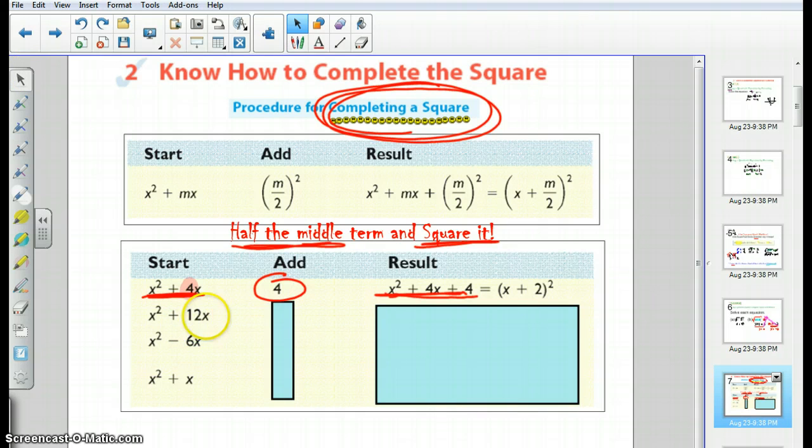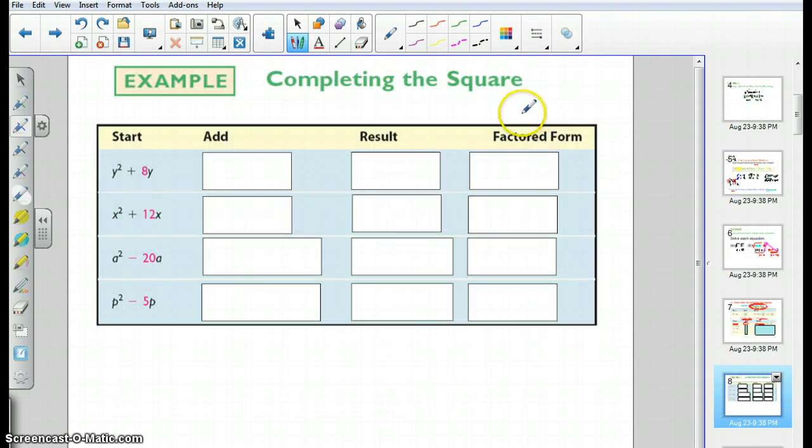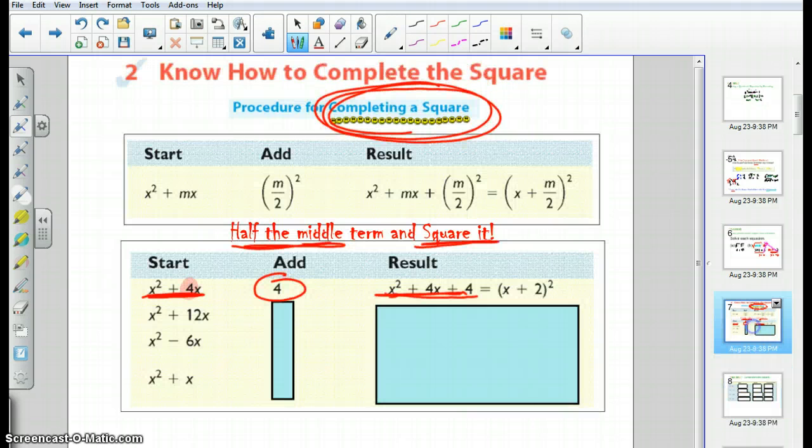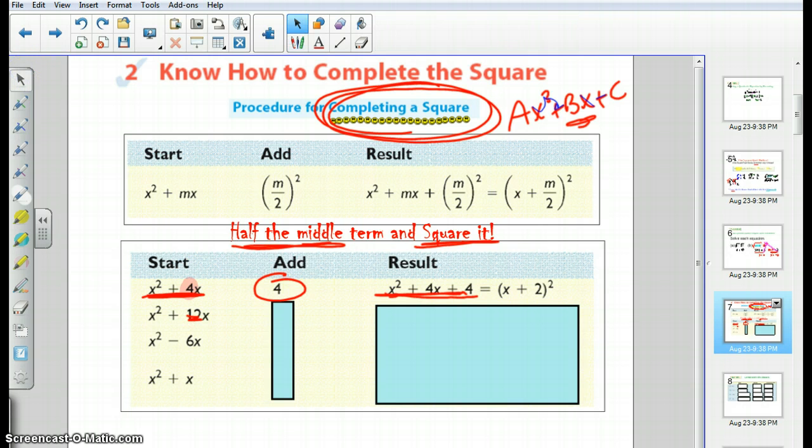So to complete the square, we take half of the middle term. And the middle term, if you remember, is this ax squared plus bx plus c. So the middle term is always this b term. So in this case, it's 12 down here. So half of 12 is 6, but 6 squared is 36.